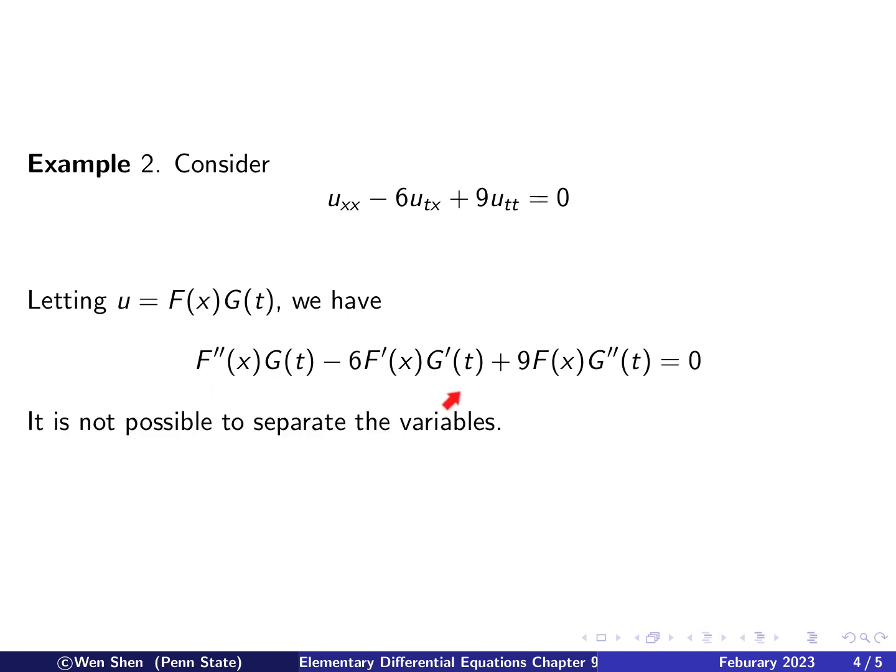So as it's written in this form, it is not possible to separate the variables. I would like to mention that there are other ways of manipulation that would actually make it possible to separate variables of this equation, but it's beyond the scope of our discussion now, so I just leave it as a comment. You can give it a try.